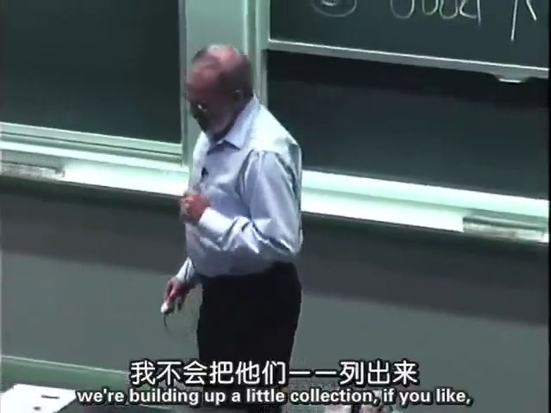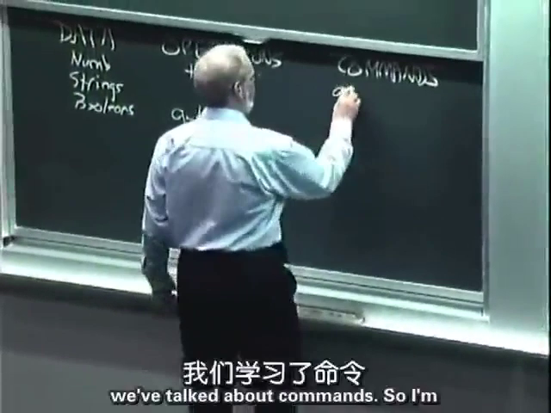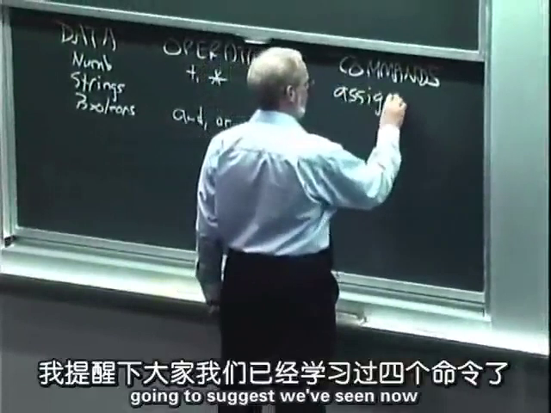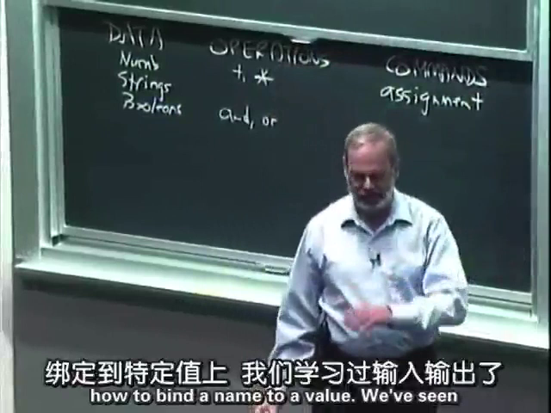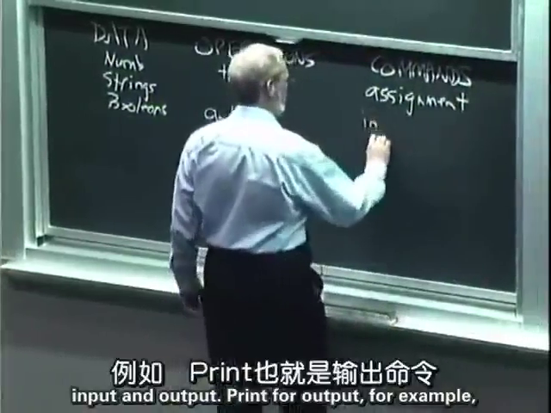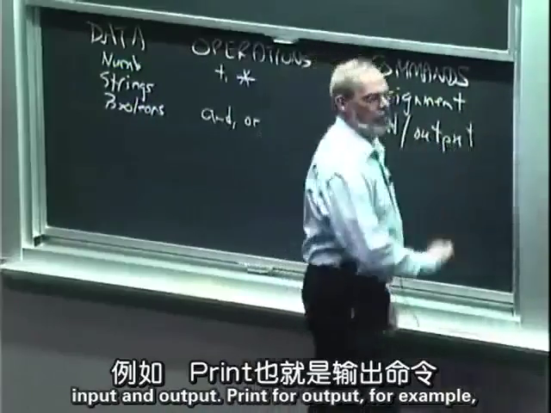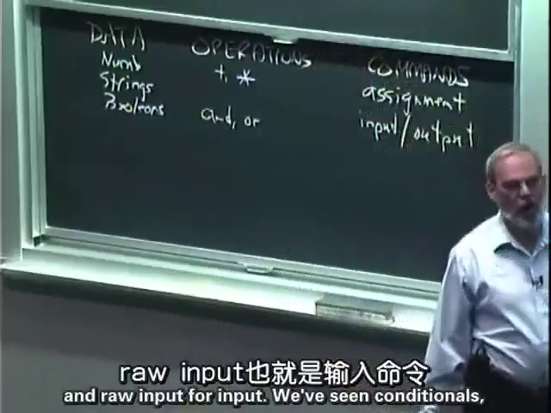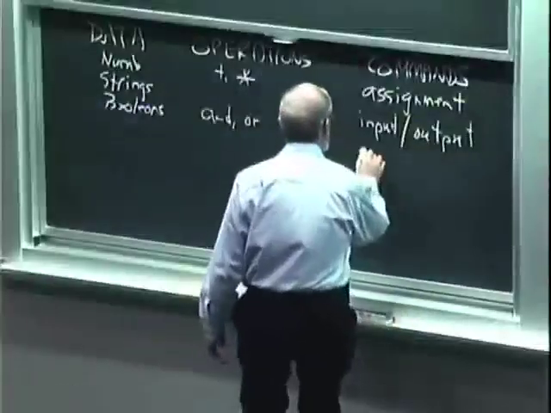I'm not going to put them all up, but we're building up a little collection, if you like, of those operations. And then the main thing we've done is we've talked about commands. And I'm going to suggest we've seen now four different things. We've seen assignment, how to bind a name to a value. We've seen input and output. Print for output, for example, and raw input for input. We've seen conditionals.